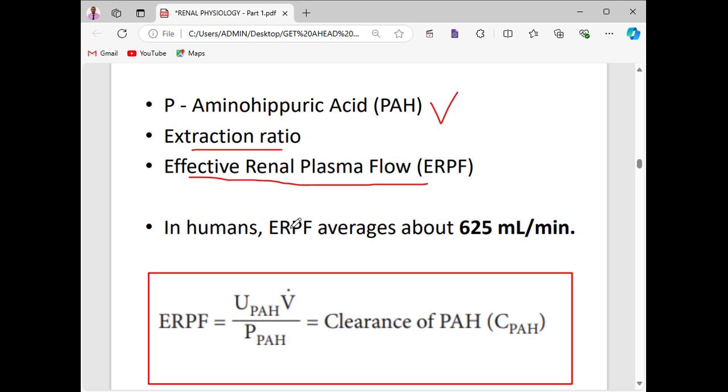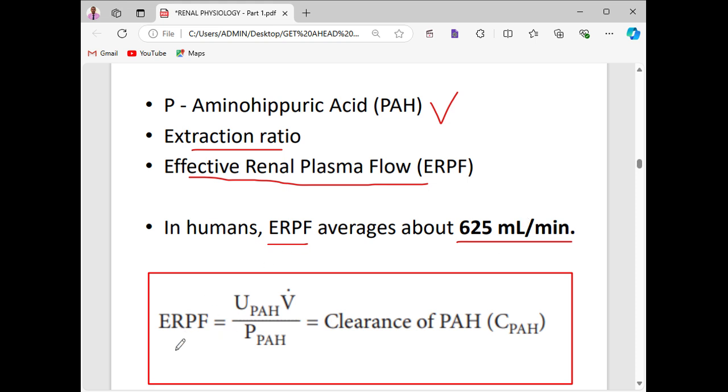This effective renal plasma flow just indicates that the level in the renal venous plasma was not measured. It's also very important to take note that the effective renal plasma flow in humans is about 625 milliliters per minute. So this is the value.